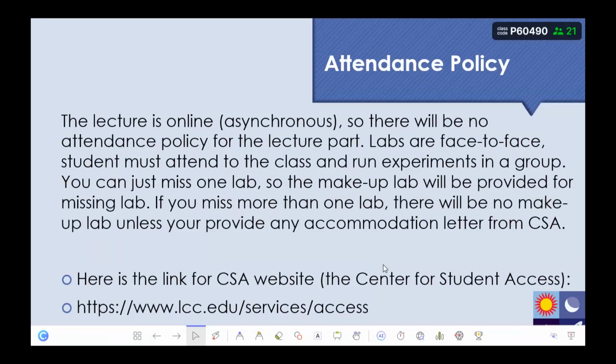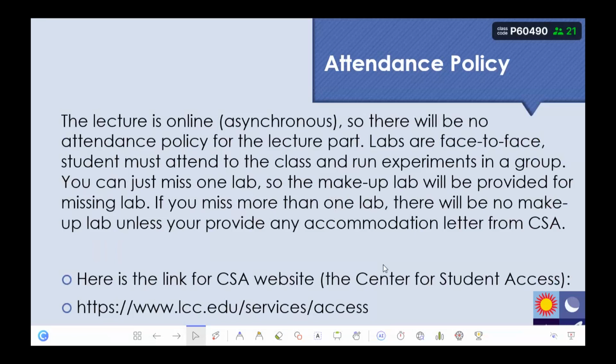If you cannot come to the class, you need to talk with them first, to see if they will give you accommodation to do at least 2 or 3 labs, online or not. But if you miss more than 3 labs, it's more likely that you fail the class.